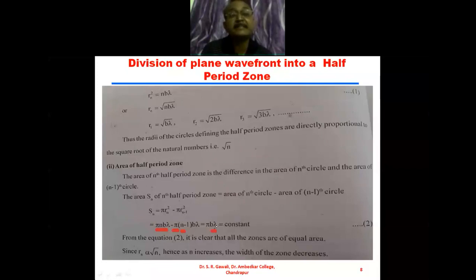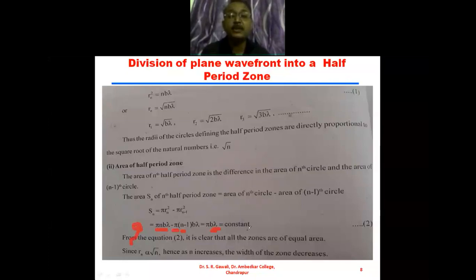Here pi is a constant, B is the distance of the point P from the wavefront, and λ is the wavelength of monochromatic light. So λ is also constant for monochromatic light, and therefore area Sn is nothing but a constant.